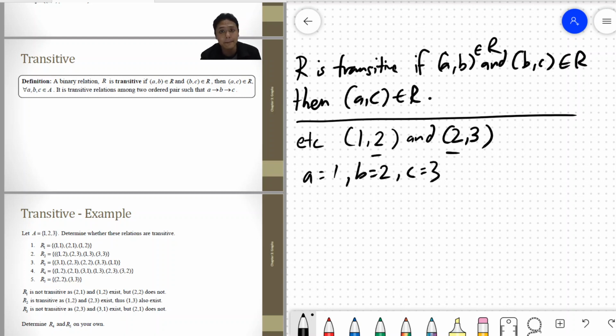B should be the same. A and C can be the same value as B, and also can be different. It doesn't matter. What matters is that B is the same. You need to find these kinds of pairs first, (1, 2) and (2, 3). It is transitive if it has (1, 3).